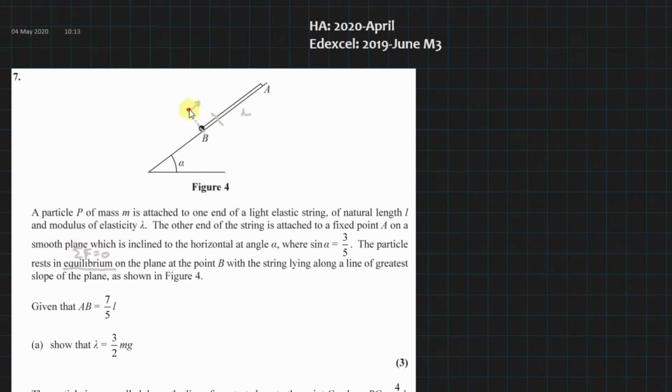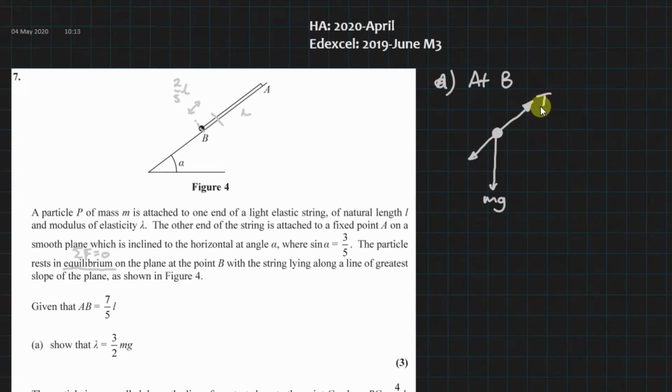And there's an extended part to give us our point of equilibrium, and it tells us that AB is 7/5 of L. So this extension here is 2/5 of L. So the way we can actually calculate, this is part A, at B, the weight pulling down, so we've got our weight and there's the component going that way, must equal the tension pulling up.